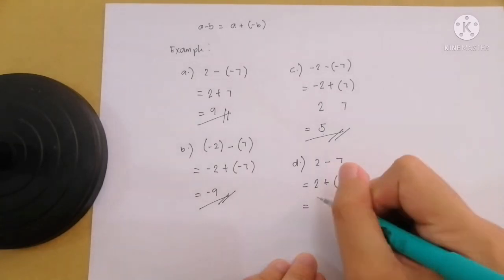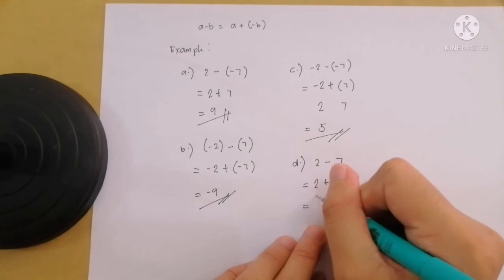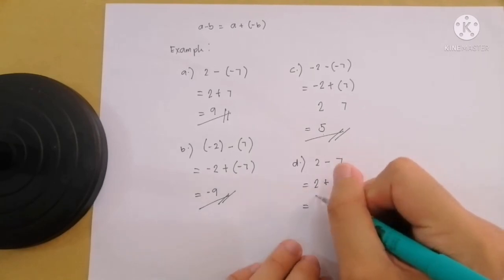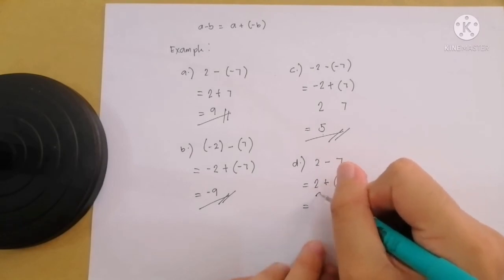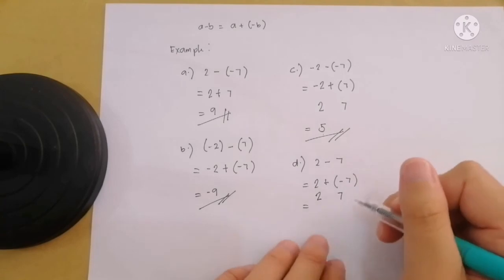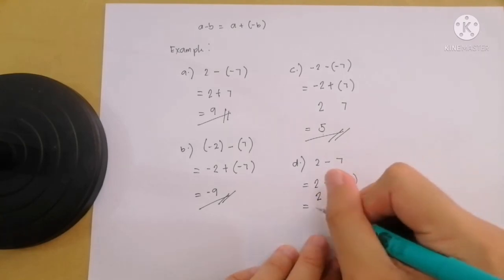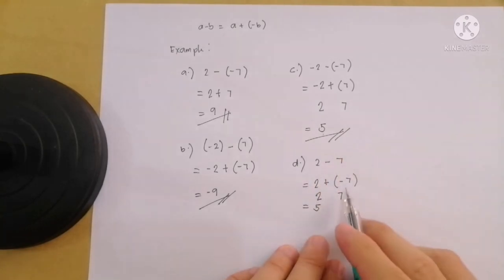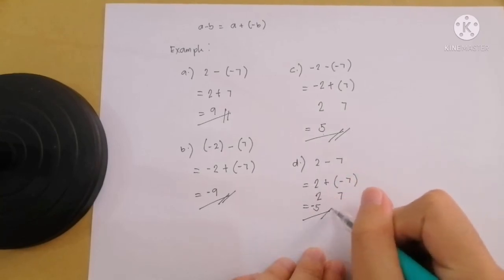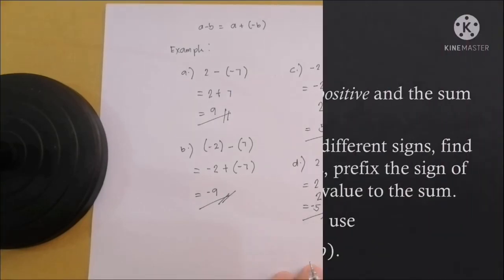So we simply ganun pa din, get the absolute value of each, which is ang absolute value ng 2 is 2 and then absolute value ng negative 7 is 7. And we simply subtract 2 from 7, so we got 5. But on this case, we are going to follow the sign of the greater absolute value. So we have here negative ang kanyang magiging result, which is negative 5.